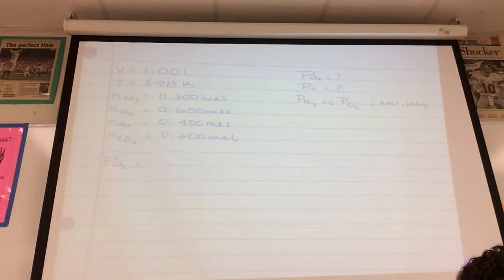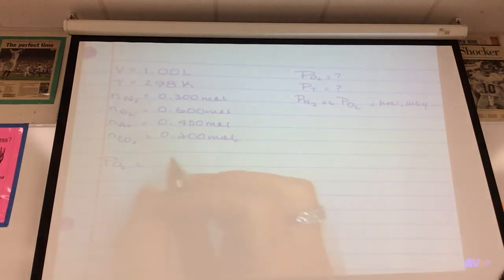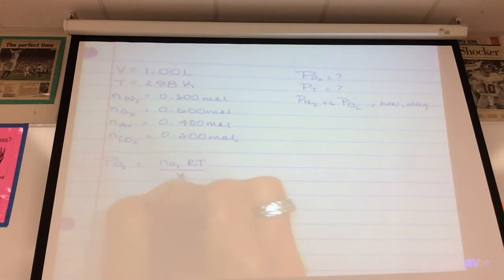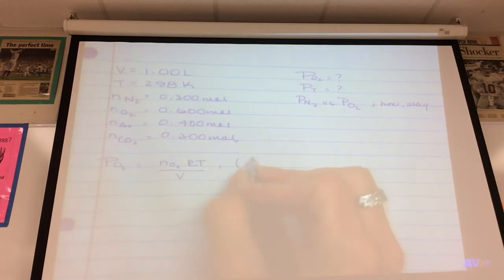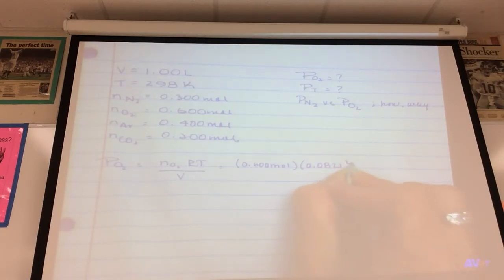Is it the ideal gas law with the mass of oxygen? Almost, not the mass, but the moles, because they gave you moles, so you wouldn't want to switch to mass. It'd be work you don't need to do. Moles of O2, RT over V. So we've got 0.600 moles, 0.0821 liters atmosphere over mole Kelvin.